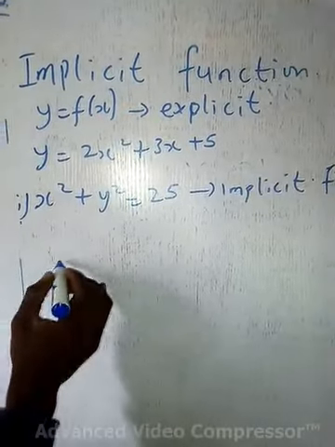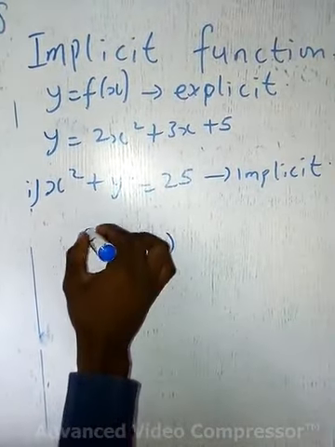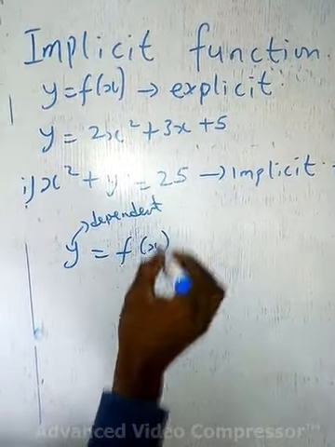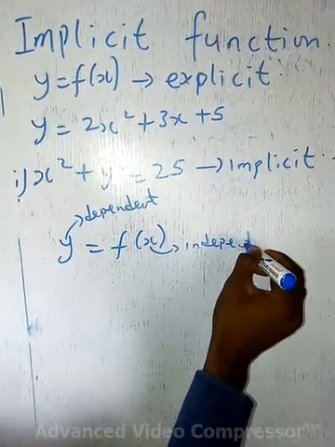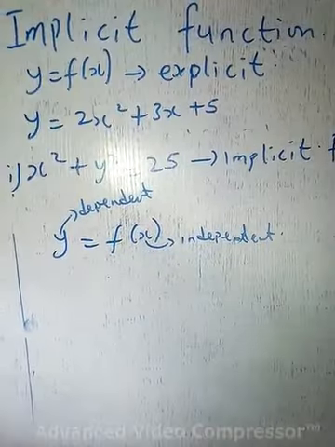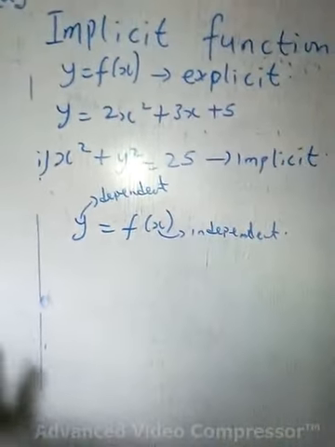It means that if y is a function of x, then y is the dependent variable, and x is the independent variable. We know one is depending on the other. So this one is explicit, this one is clear.